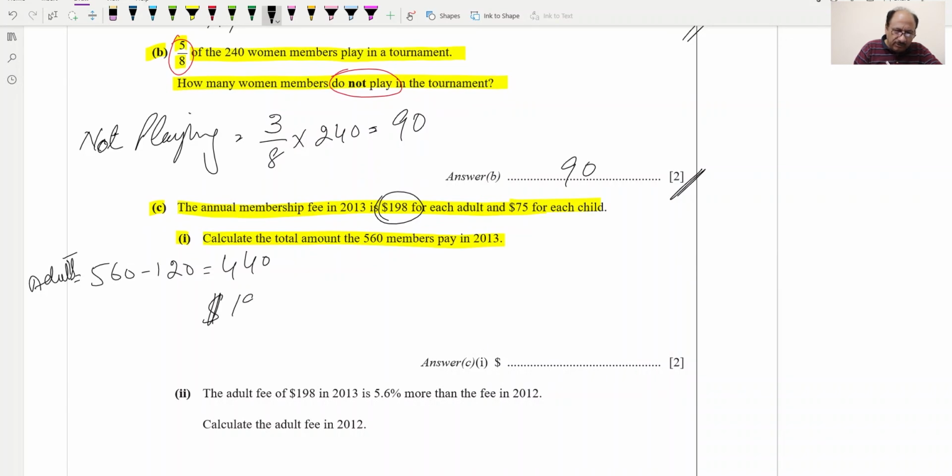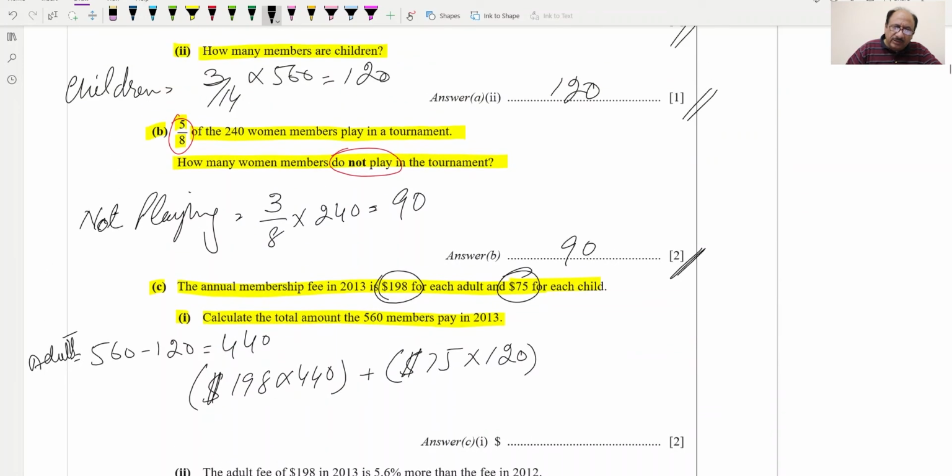So 440 are paying $198, so $198 multiplied by 440 will be one amount, and the second amount will be $75 for each child, multiplied by 120, which we have already calculated.